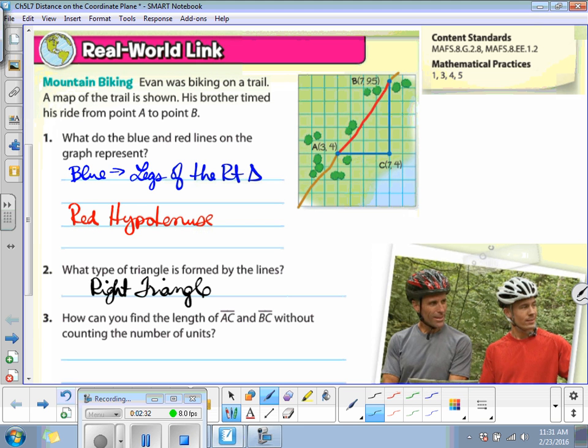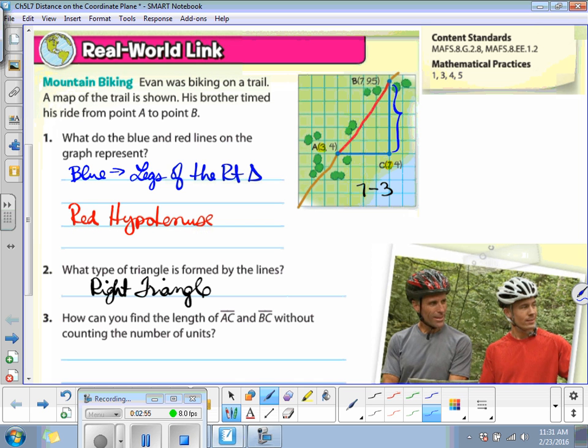So we know that the x-coordinates are the 3 and the 7. So in order for us to find the distance there without counting the boxes, we can just subtract 7 minus 3, right?